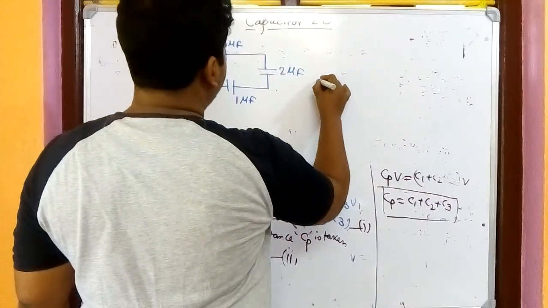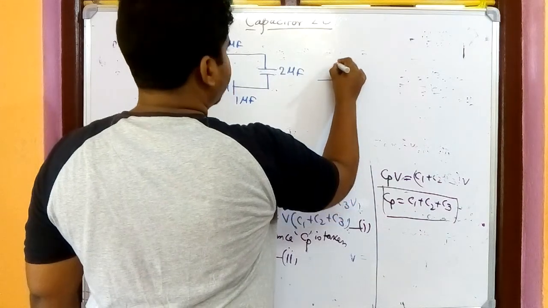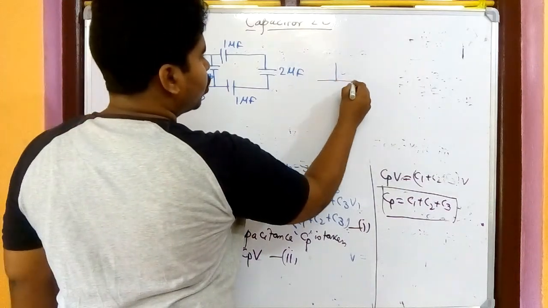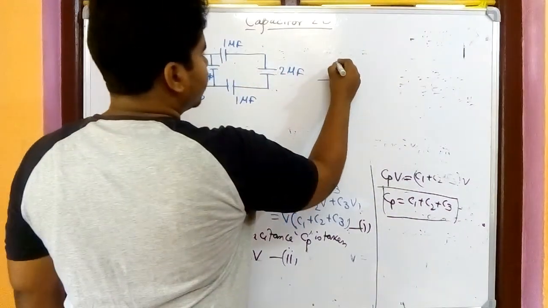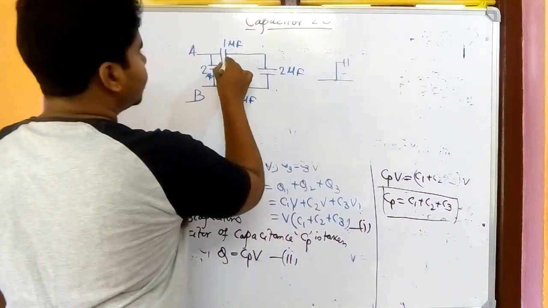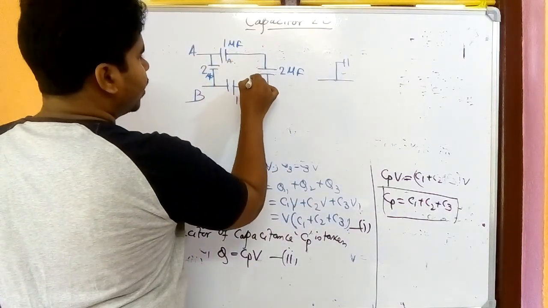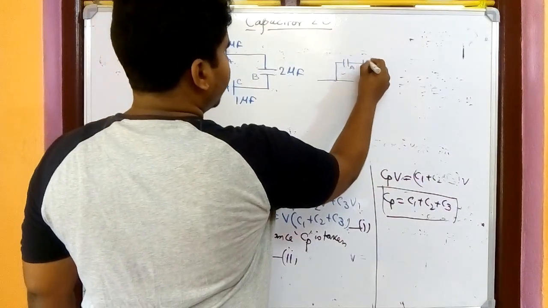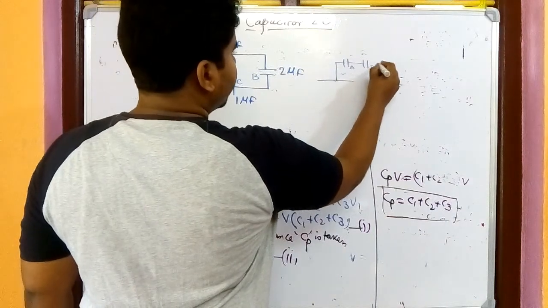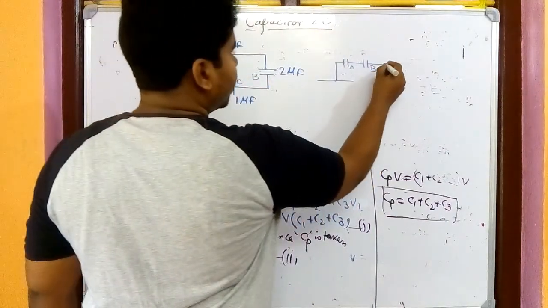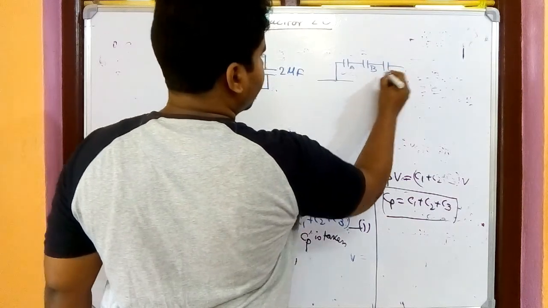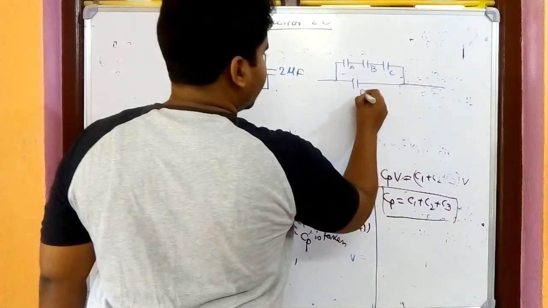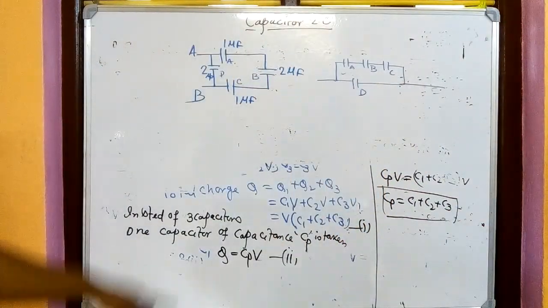It is clear. We can redraw it this way. See, from A there are two terminals. One you have to go this way, another one you have to take. So one is taking A, B, C, and then the last one is D. If I modify the diagram it looks like this.